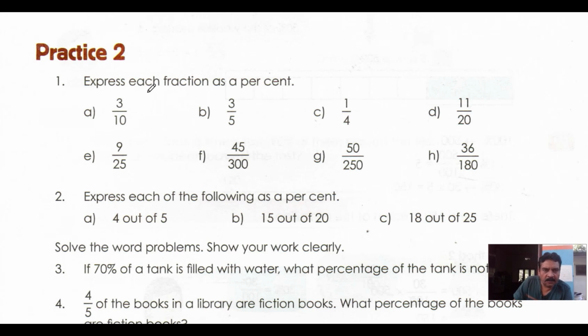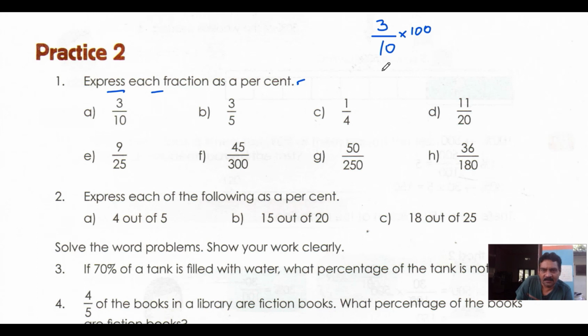Now let's come back to practice 2. Express each fraction as a percent. Again he has given fractions, you have to find out the percent. So first one is 3 by 10. I'll do it here. This fraction you have to show as percent, so you multiply this with 100.